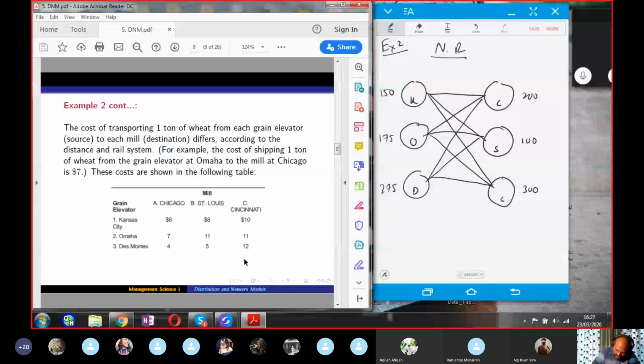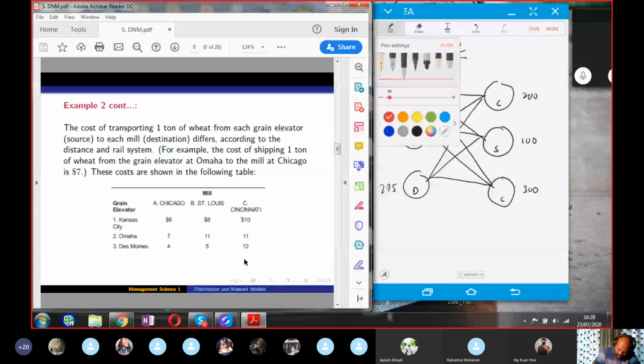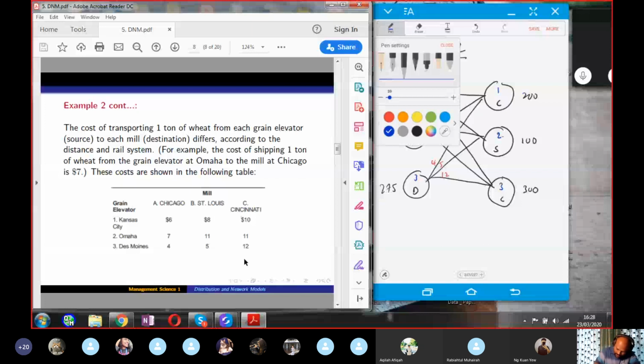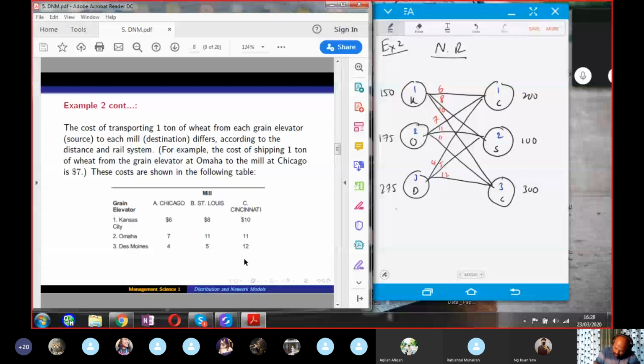You can see 4, 5, 12, and then finally you just put 1, 2, 3. Supply, demand. This is the network representation.